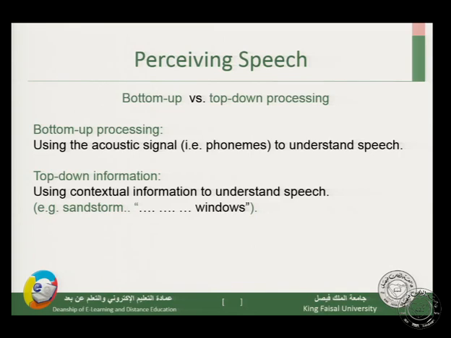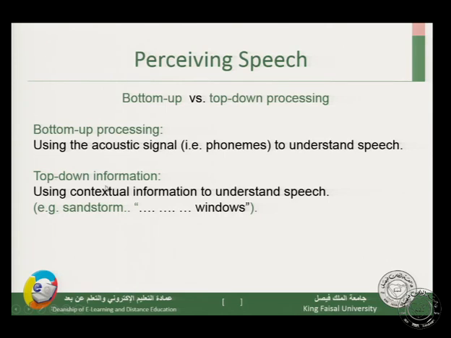If it is difficult for you to remember which one is the context and which one is the sound, I'm going to give you a mnemonic which helps you to differentiate between them. Look at the word top. It starts with T. The word context ends with T. So context, top.